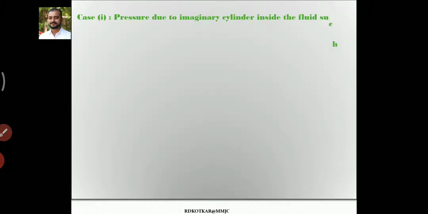Next is case 1 that we have to study, which is related to the pressure due to the liquid column. In this case we consider the pressure due to an imaginary cylinder inside the fluid such that its top surface is at the surface of the liquid.